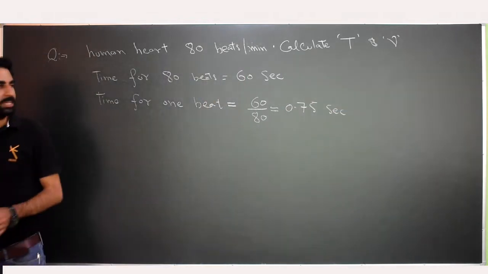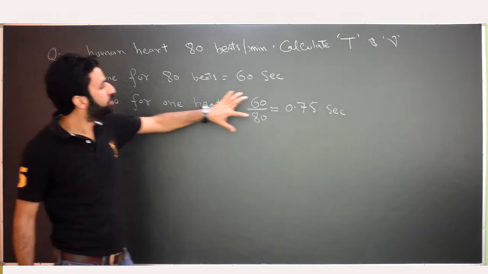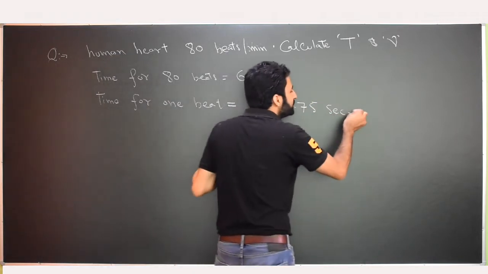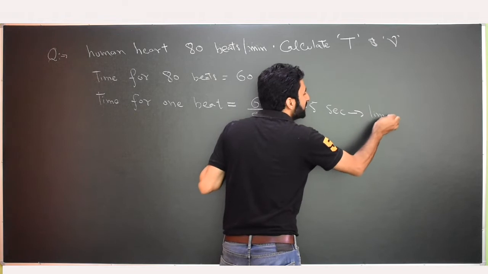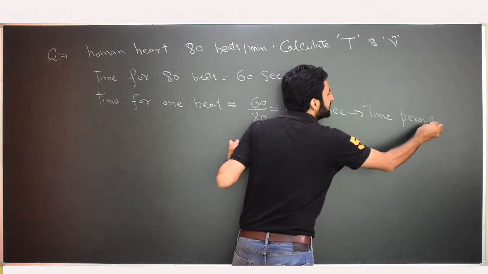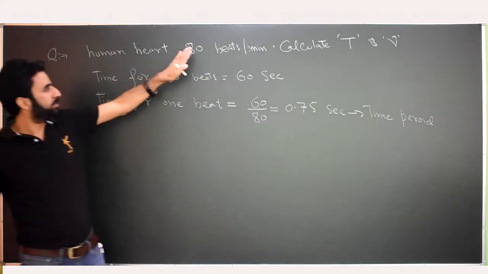So the time taken by a human heart to complete 1 beat is 0.75 second, and this is what you call the time period. So the time period of a human heartbeat is 0.75 second if we consider it to be 80 beats per minute.